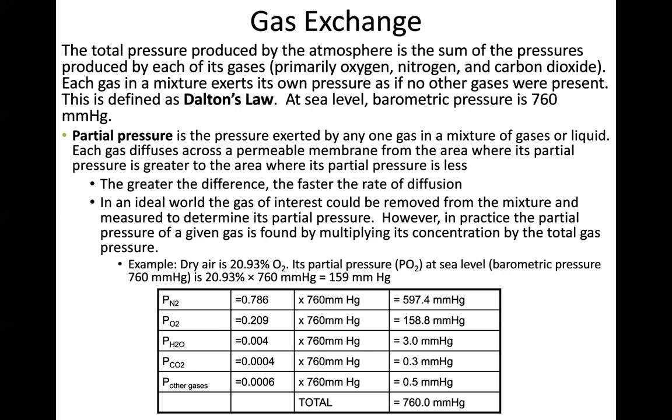Looking at this table, we can calculate the pressure of nitrogen, which I said was just under 79%. Converting that to a decimal, move the decimal two places to the left, 0.786. You multiply that by 760 millimeters of mercury.